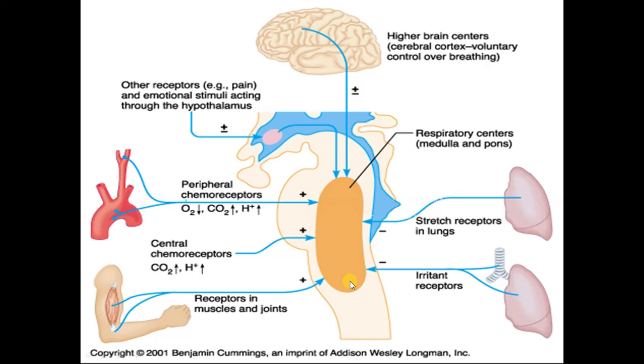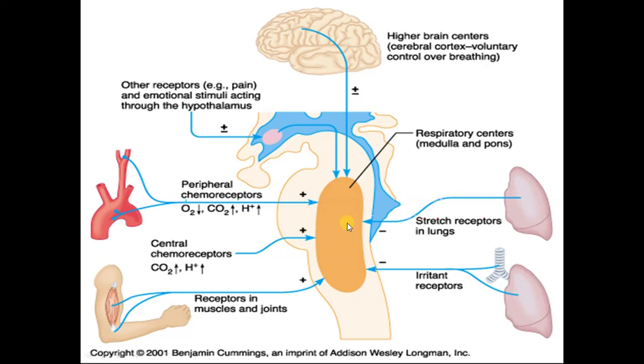In this diagram, the positive sign indicates a stimulatory effect on the respiratory center in the brain stem, which means these inputs are going to increase the activity of neurons in the respiratory center. And the negative sign indicates an inhibitory influence on the respiratory center, which decreases the activity of the respiratory control center, mainly the dorsal respiratory group of neurons.